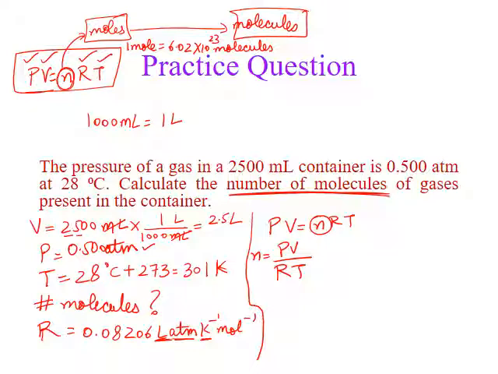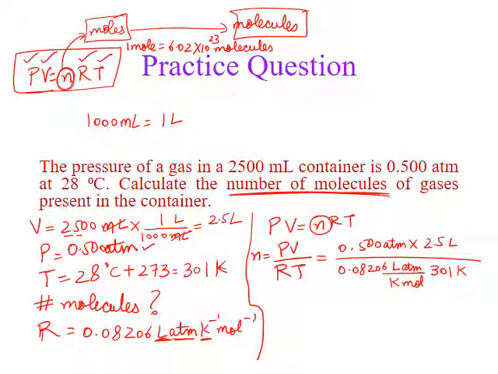Okay, now I have volume in the right unit, pressure in the right unit, temperature in the right unit, and R in the right unit. So we plug those values in. Pressure is 0.500 atm. Volume is 2.5 liters. Temperature is 301 K and R is 0.08206 liter atm divided by Kelvin mole.